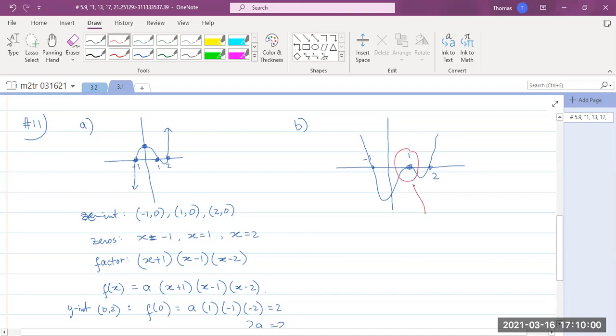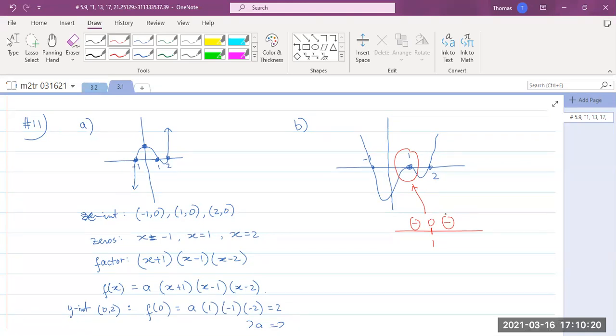You see, on the left-hand side, if you look at the sign graph, it is negative. This is 0. It's negative. There's no change of sign at the critical number x equals 1.